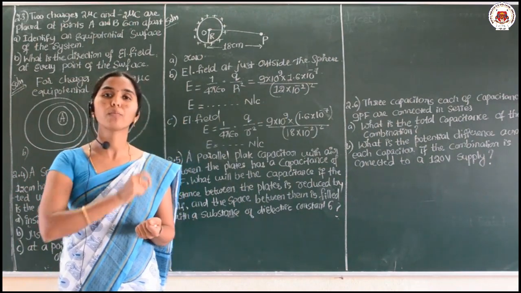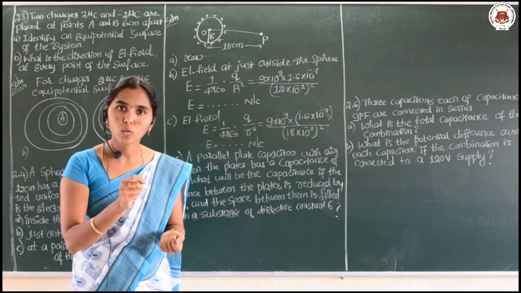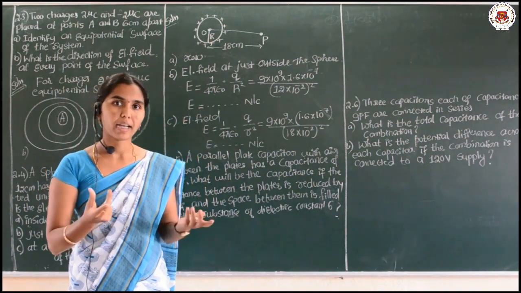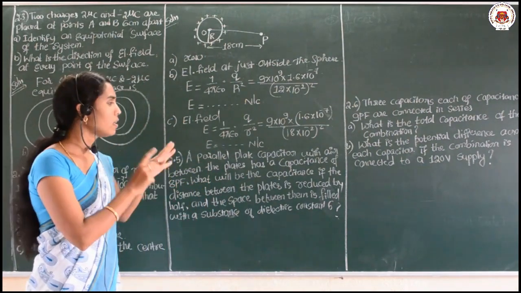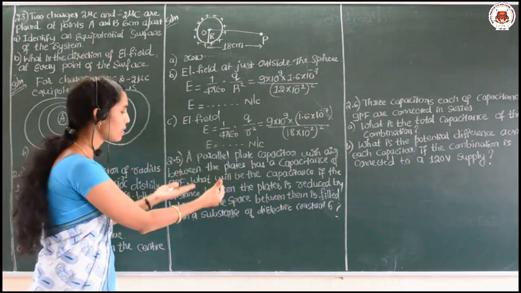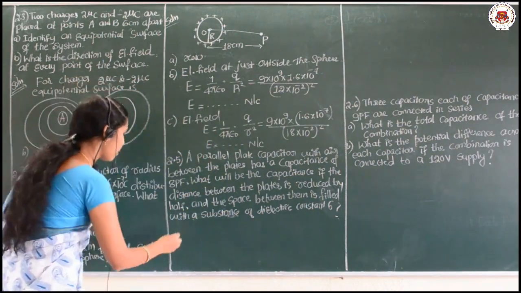So, what is the formula there? C dash is equal to K into epsilon naught A upon d, right. Then by using this, all the data is given, just substitute and get the answer, right.